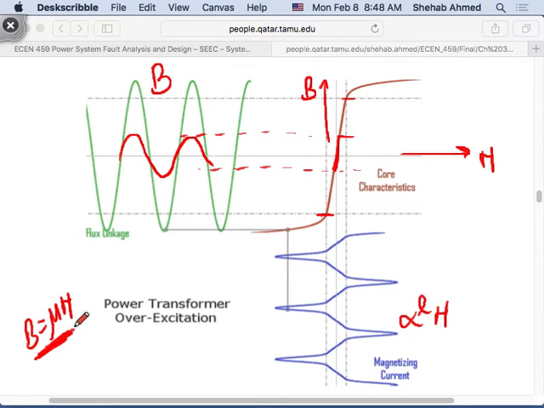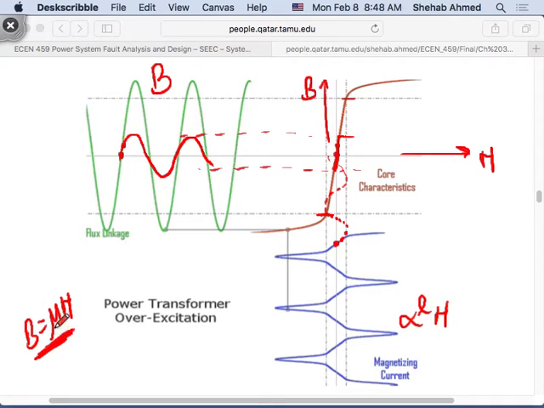It's a linear relationship between B and h. In this zone, if I take every value of B, multiply by a value of mu, and plot it here, I will get a sine wave. It will just be scaled, depending on the slope of mu in this case.